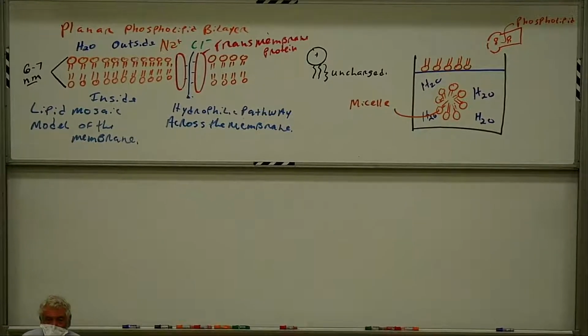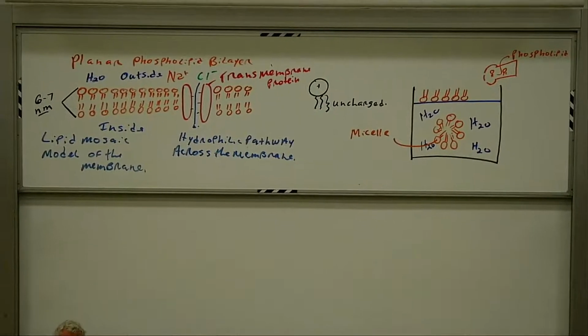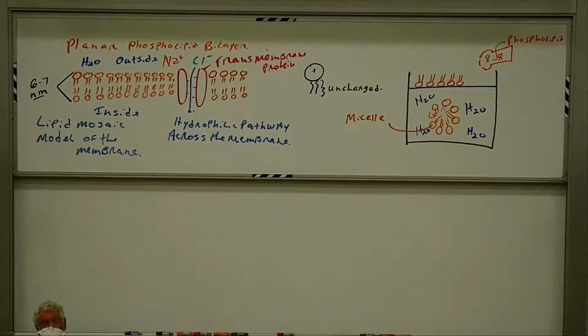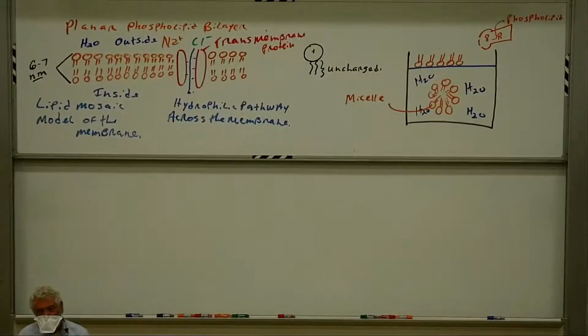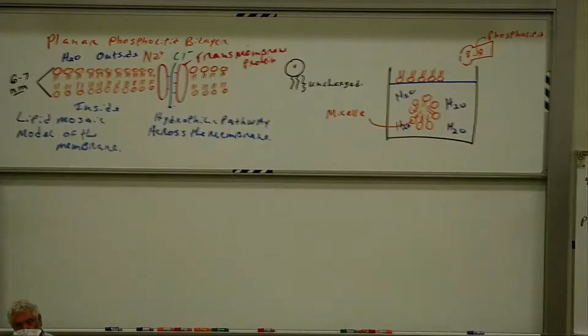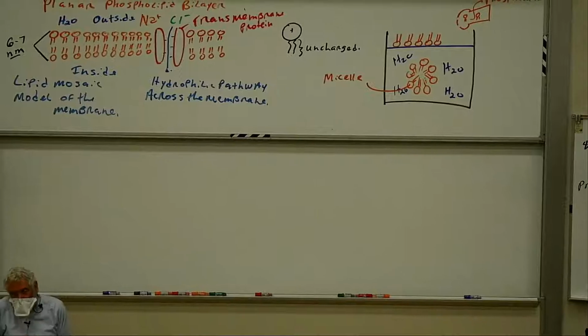Liposomes are generally thought to be artificial. They're generally thought to be something we construct. Anytime we have a liposome in biology, it's going to have some proteins across it. But when we make the liposomes, we can make them chemically, basically.